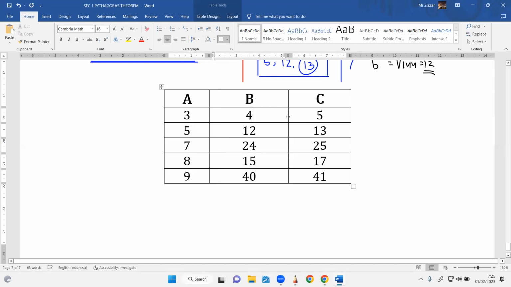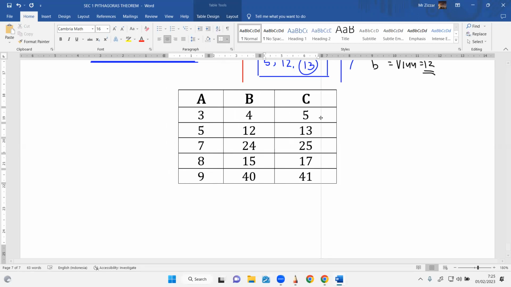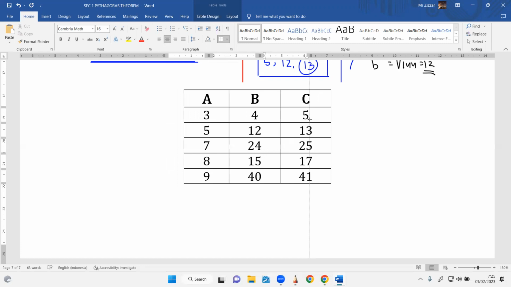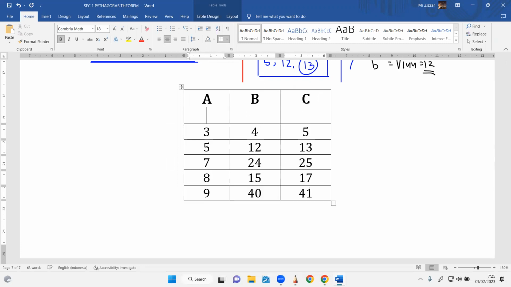I don't give you the understanding, but if I want to give you here, it's always like this, guys. Let's say I have a p square plus q square.